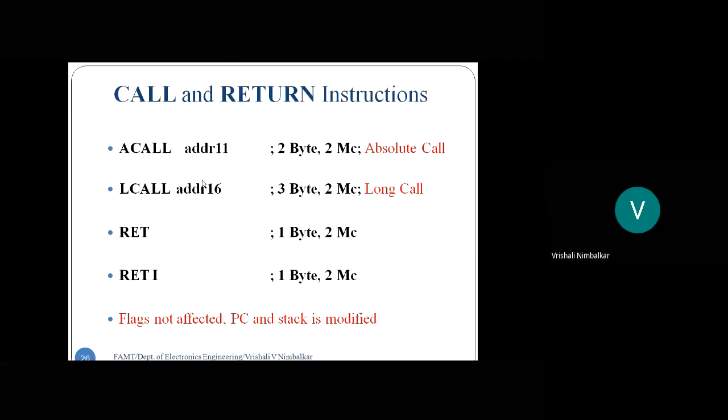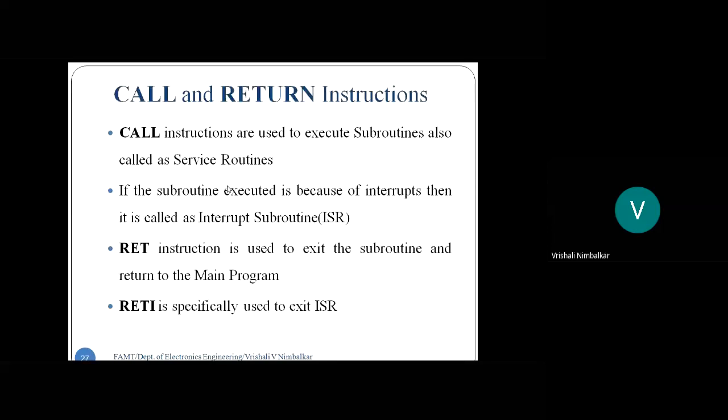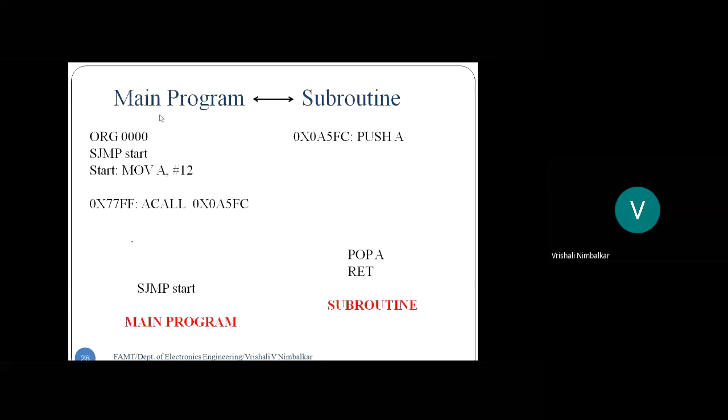Okay, so students, we saw how the microcontroller interacts with the main program and the subroutine. When the call instruction is getting executed, the microcontroller first obtains the return address. Return address means the address of the next instruction after call. In our example, it is 7801. This 7801 is called the return address. While executing the call instruction, this return address is saved on the stack.